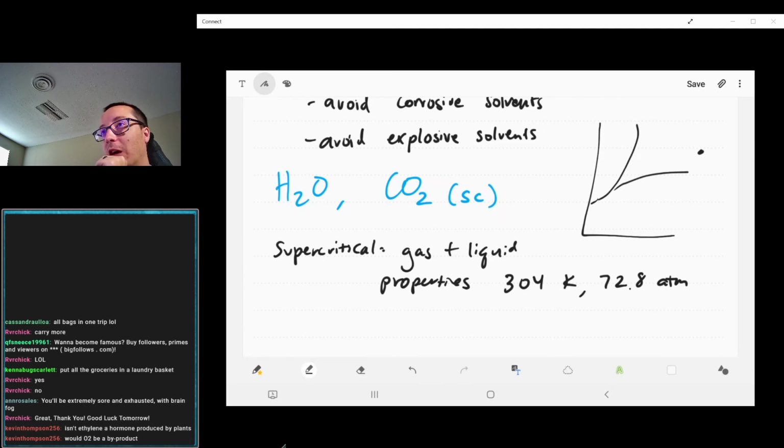But all the CO2 we use is already taken from the atmosphere. So if it gets released back into the atmosphere, there's no problem with that. And so we have this excellent way of having a completely non-polar solvent that we can use to work with these things.